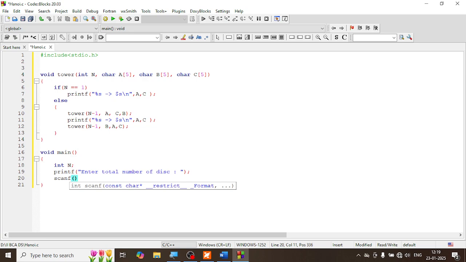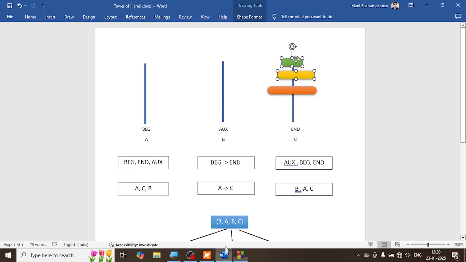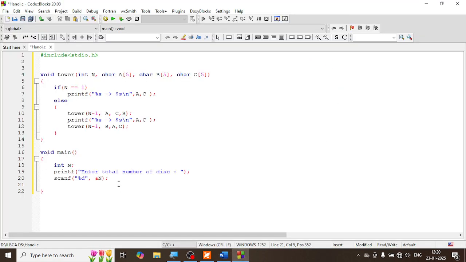I assume disc, but follow whatever your English teacher says. But what is n? Total number of disks. So that is what I want. Whether you call it disc or disk, I mean the same thing.